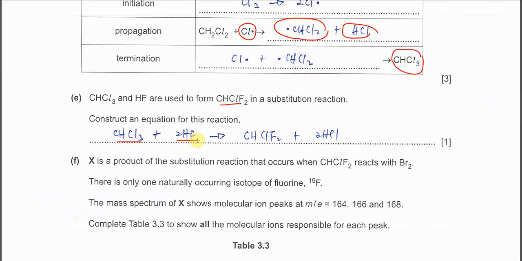The chlorine is the one that gets substituted now. So it will form CHClF2, and the H in the HF will combine with the chlorines that are substituted and form HCl. So it will form 2 HCl because 2 chlorines are being substituted.